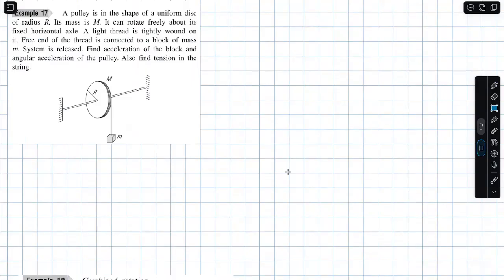Right? No issues. If you see the same arrangement from the side view, that arrangement looks like this.